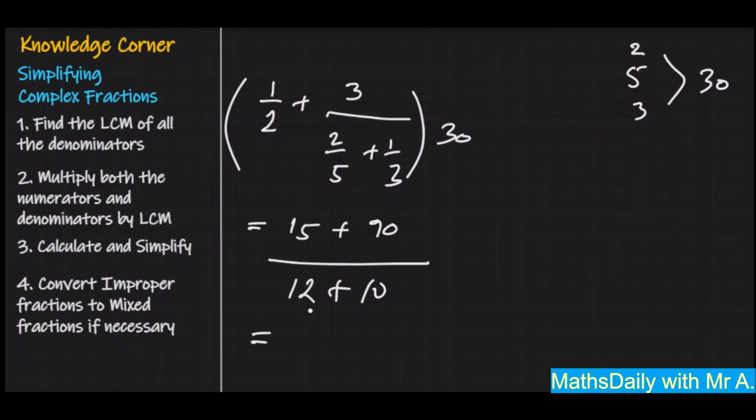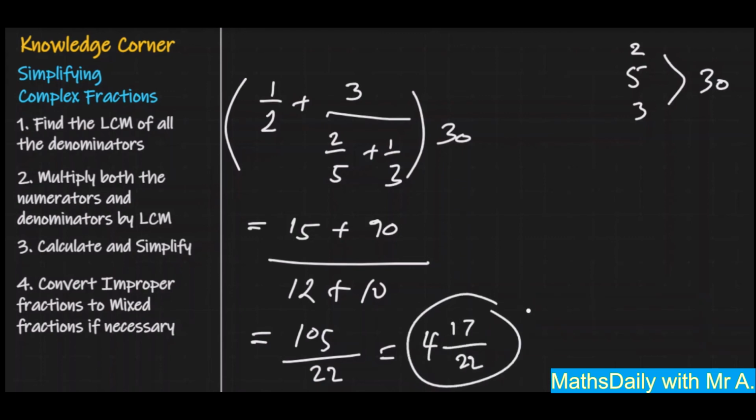So this will give us 105 over 22. Now since the answer is an improper fraction, we can convert this into a mixed fraction. So 105 divided by 22 will give us 4 and 17/22. This is the final answer.